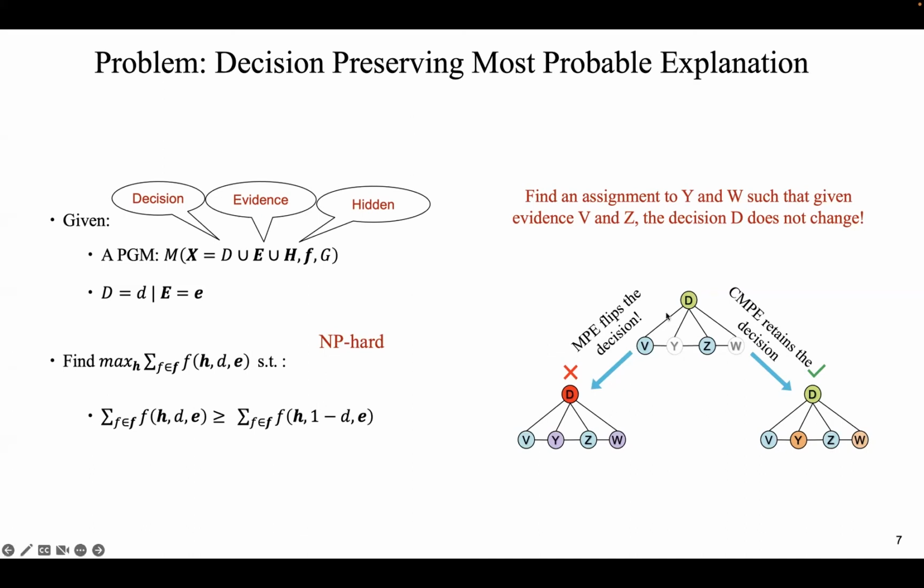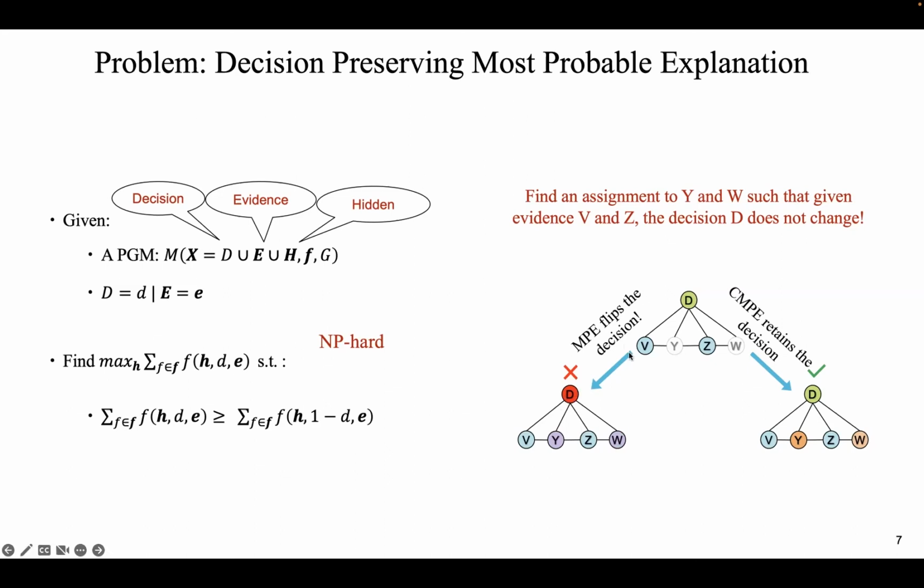So in the figure on the slide, we want to find an assignment of values to all variables other than the decision variable D in this case, and observed variables X and Z, such that the probability of the assignment is maximized, right? So at a high level, we want to find this assignment to Y and W such that the same decision is made.